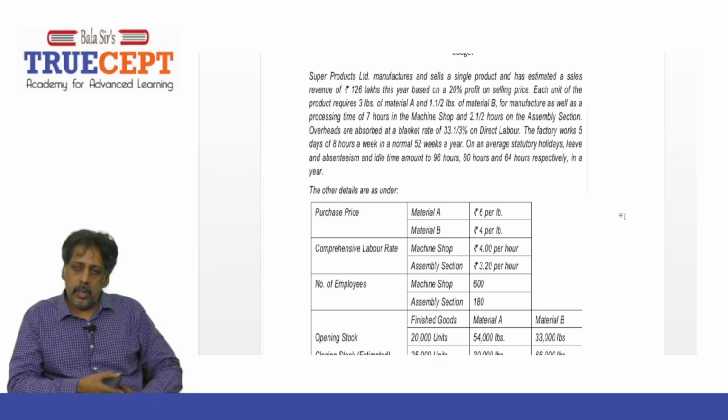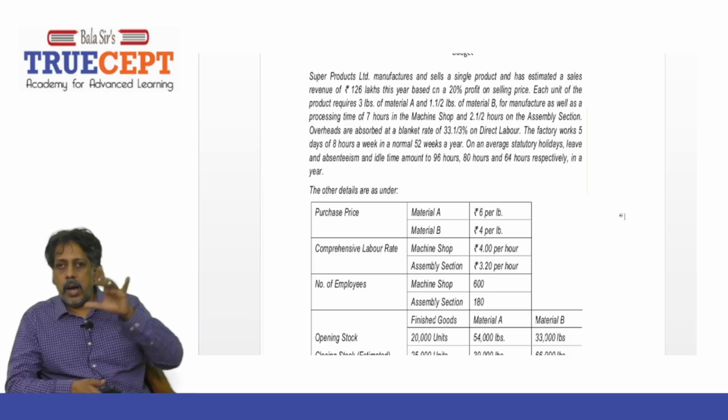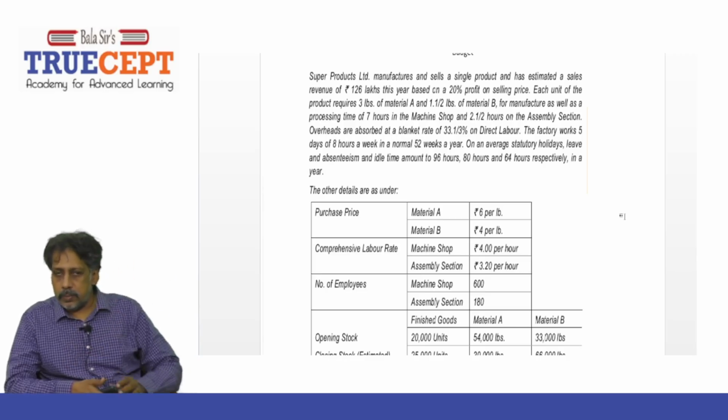Next. Material B for manufacture as well as a processing time of 7 hours in machine shop and 1/2 hours on the assembly section. You saw that it's given that 7 labor hours are needed. 7 hours will be spent by the laborers in the machining department to manufacture this product.